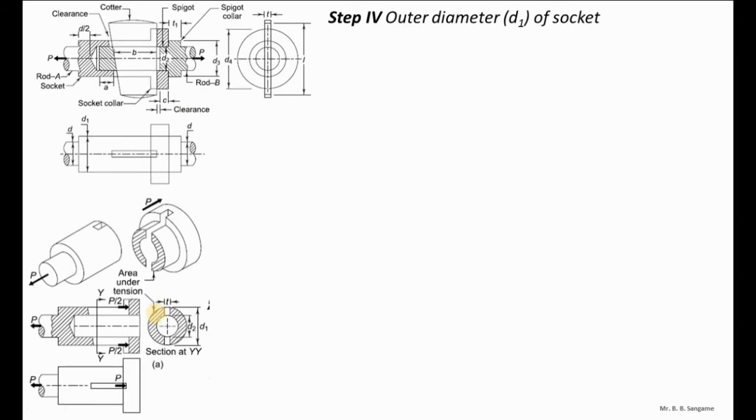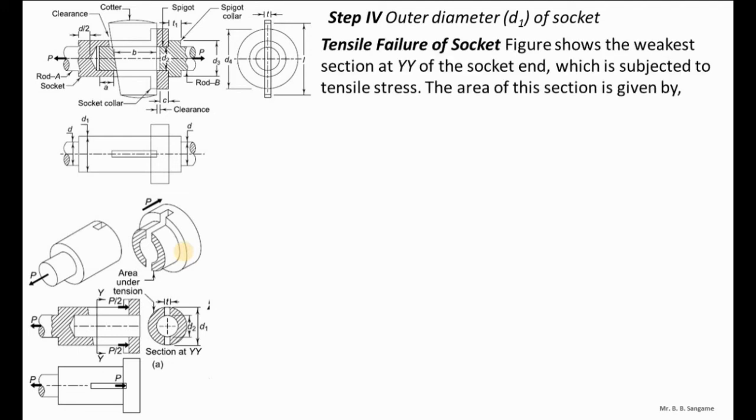Next is the outer diameter of socket, that is d1. Here you can see that the socket is having a hollow shape, inside which the spigot is going to fit, and spigot is having the outer diameter d2. It is nothing but the inner diameter of socket. So here once again I am going to consider the tensile failure of socket. After the application of force P, there is a possibility of failure of socket along the plane YY in a tensile manner.